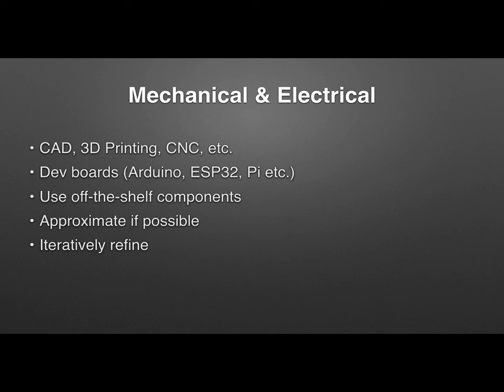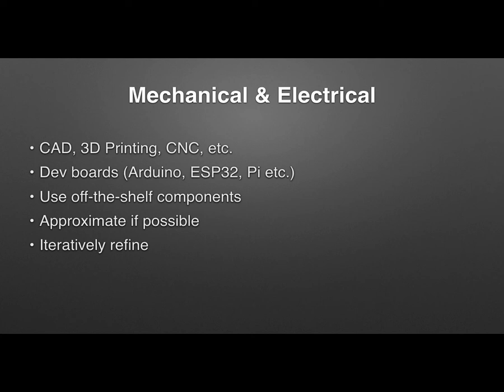But the mechanical side of making a physical thing, for the most part, has gotten a lot easier in the past 10 or so years. And of course, you can use traditional means of machining something with tools. Again, this kind of prototyping can be very low fidelity or very high fidelity. I think the Palm Pilot's first version was a block of wood, and they just shaved it into the shape that they thought it might represent.